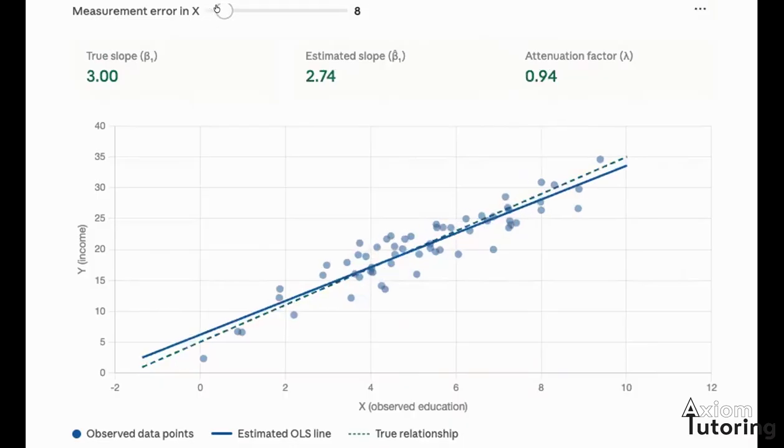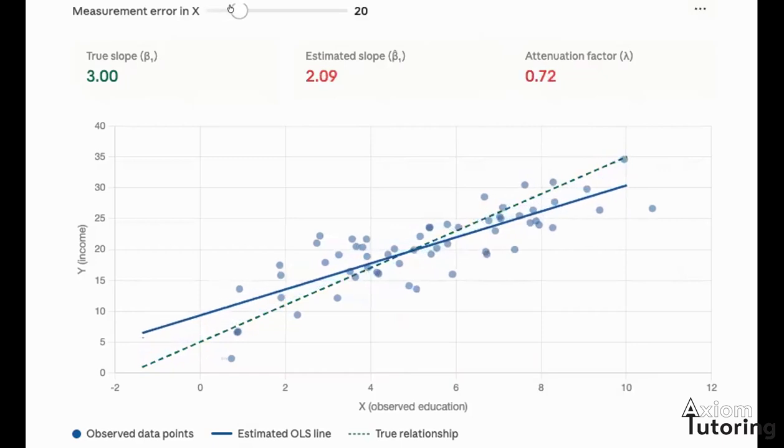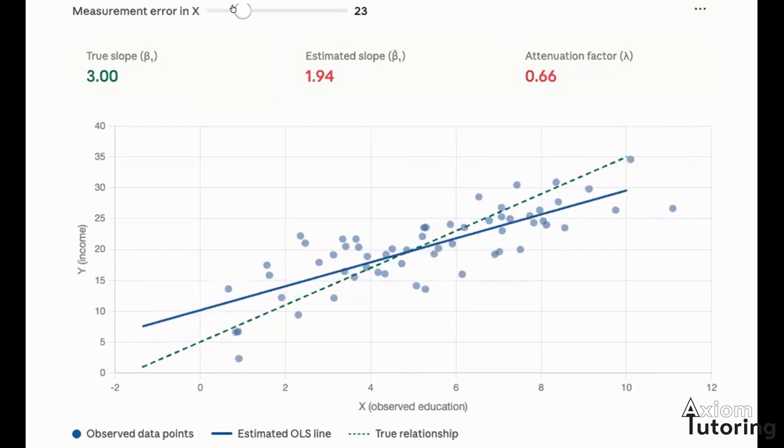The more severe the measurement error becomes, the smaller the estimated slope becomes. As you can see, the attenuation factor is becoming smaller, because remember, to get beta 1 hat, the true beta is multiplied by the attenuation factor.